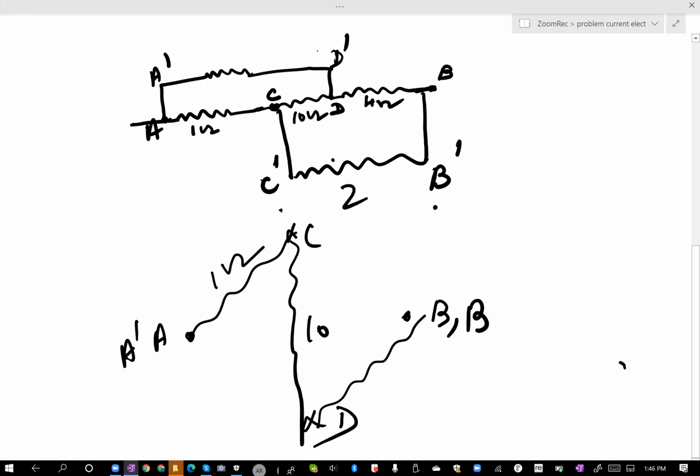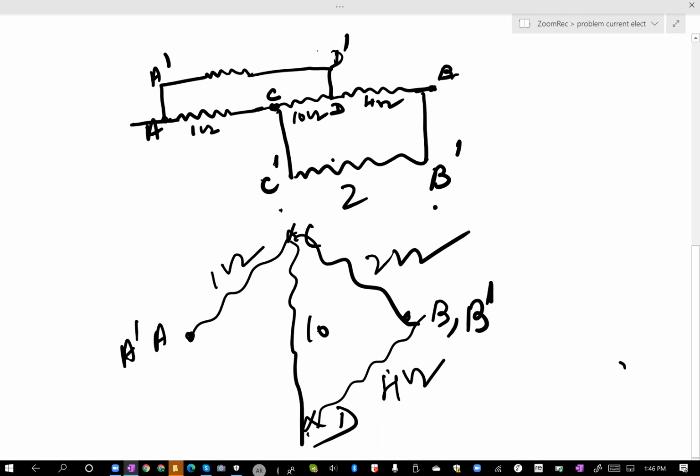D and B, we have already seen this. D is here, B is here, and here you can write 4 ohms. And between C and B dashed, you have 2 ohms.